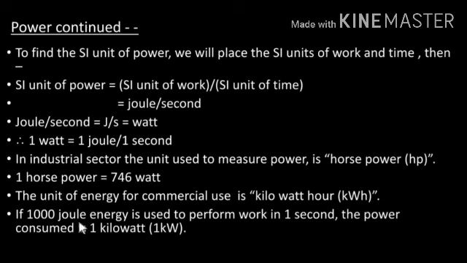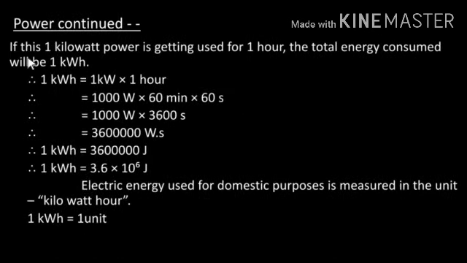If 1000 joule energy is used to perform work in 1 second, the power consumed is 1 kilowatt. Now, if this 1 kilowatt power is used for 1 hour, the total energy consumed will be 1 kilowatt hour. 1 kilowatt hour is equal to 1 kilowatt into 1 hour.